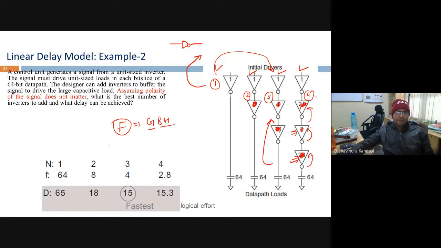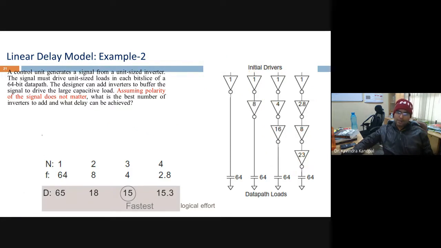That will help you in determining how many stages are the best, because I have already made 2 concepts today. One concept is, in a path, if you are adding an additional inverter, it is not going to change your F, right? If you add any N number of inverters in a path, it is not changing your F. Your F is constant, but it is changing your N. For example, if you add 2 inverters in this one, your N changes to 3, while N here is 1.